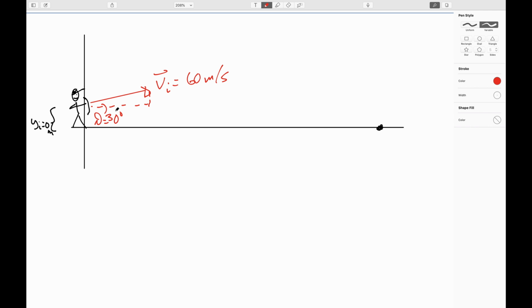This is probably not going to be a winning shot, but, hey, we can try. And so we want to know how far it is going to go before it hits the ground. If we say that x initial here is 0, what we're really asking for is, what is x final?